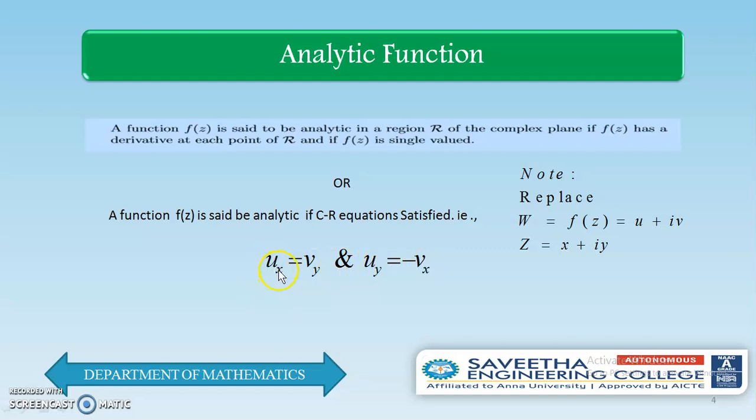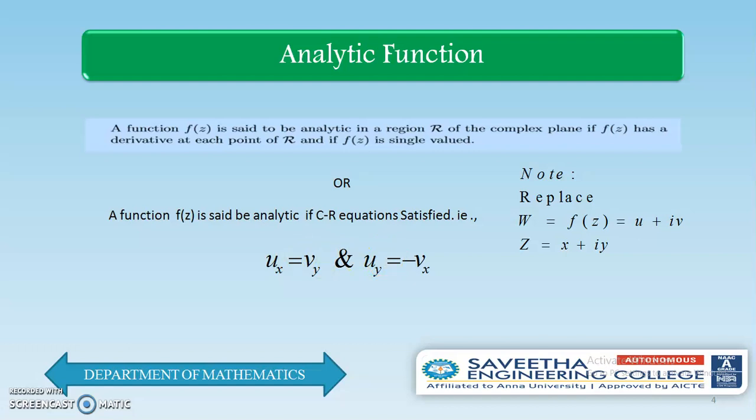Here ux is the partial derivative, dou u by dou x, equal to dou v by dou y, and dou u by dou y equal to minus dou v by dou x. If these two are satisfied, the given function is analytic. If not, it is not analytic.